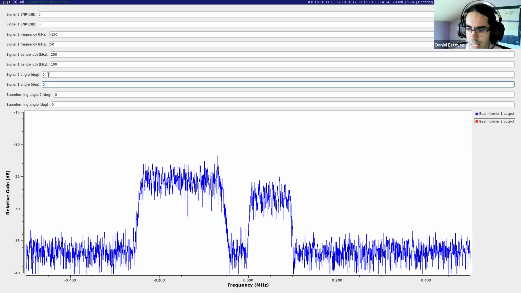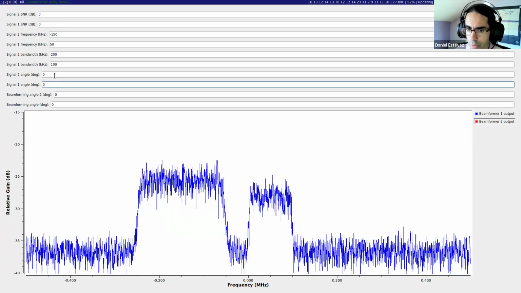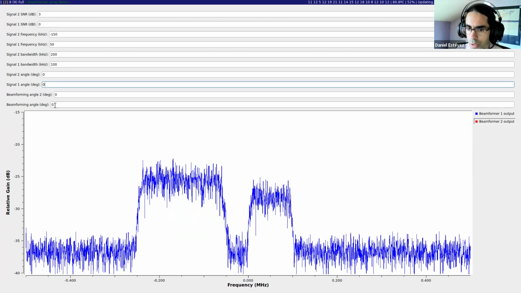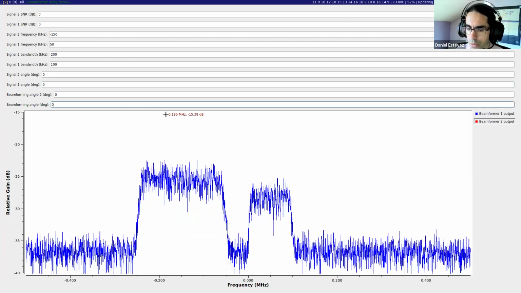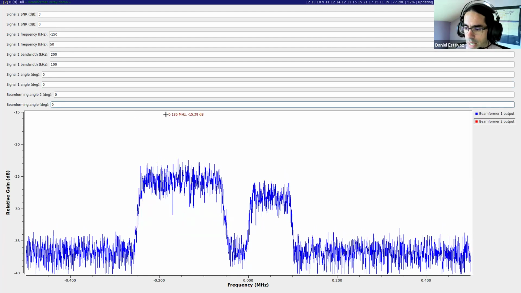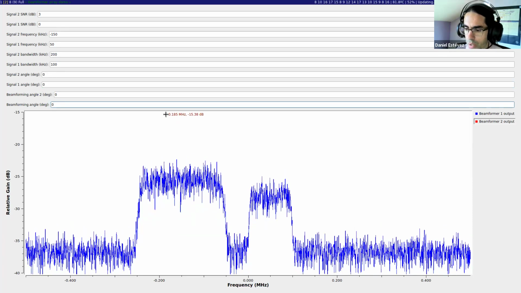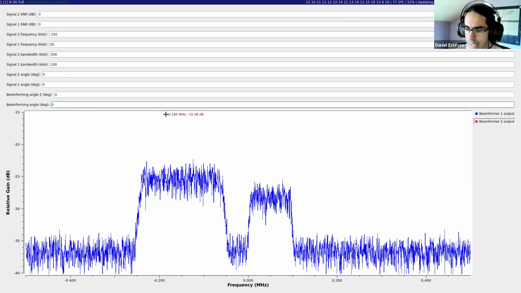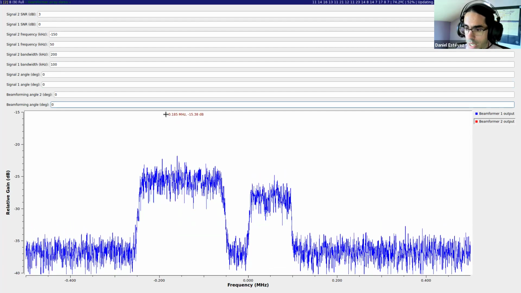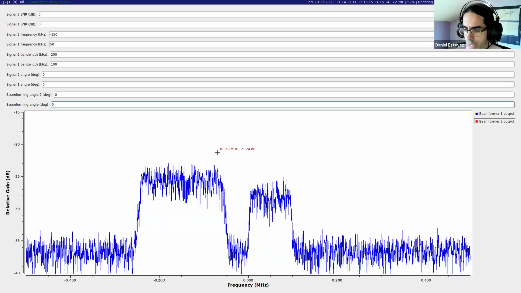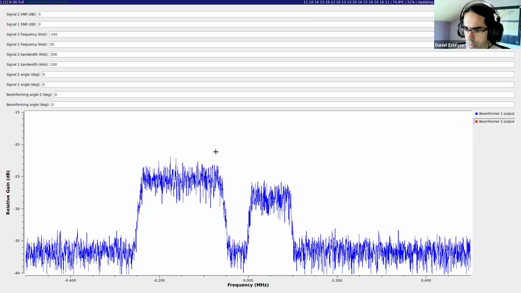And then I have set by default both of the signals to an angle of 0, and my beamformers are both set to an angle of 0. This is really the same thing we were doing in the previous flow graph, because we are not applying any phase shift to the signals from the antennas, and we aren't doing any phase shift in the beamformer.